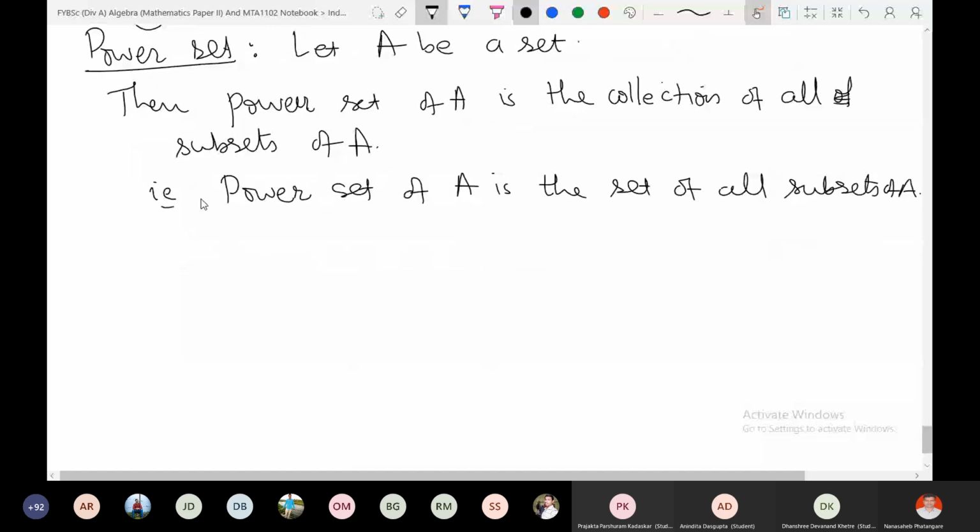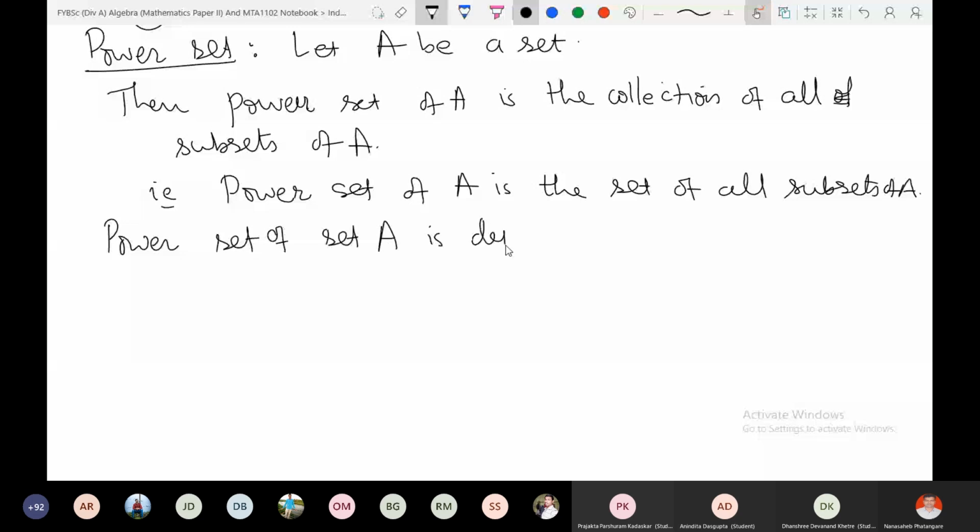So the power set of set A is denoted by a special symbol, script P of A, right? It is not our usual P, because we want to make a difference.